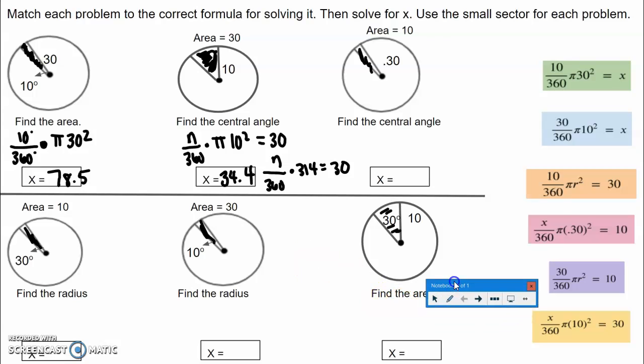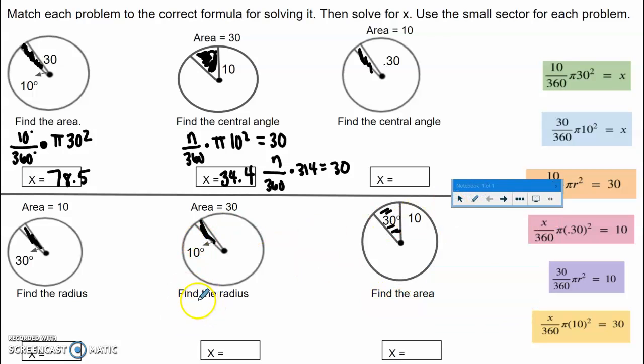All right, and I'll also do one where you have to find the radius. So my degree over 360 times pi r squared, and I know that the area of that sector is 30. You can do this a bunch of different ways. I personally would just go ahead and multiply by 360, so I'm going to do that first.